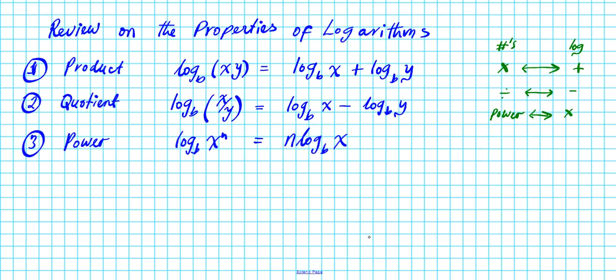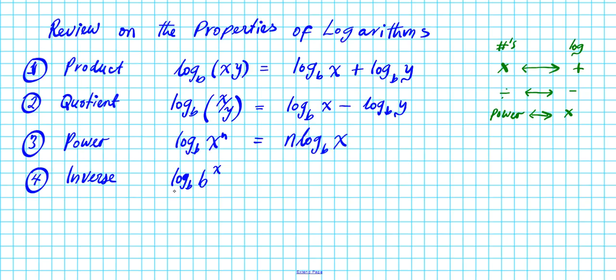Now let's take a look at the last one, property number 4. That's the inverse property of logarithms. This helps us to eliminate exponents or logarithms from an equation. Let's say you have log base b of b to the x.